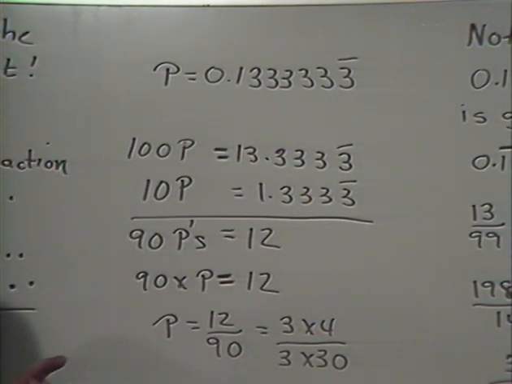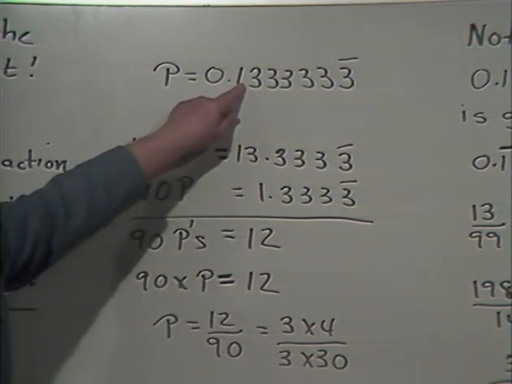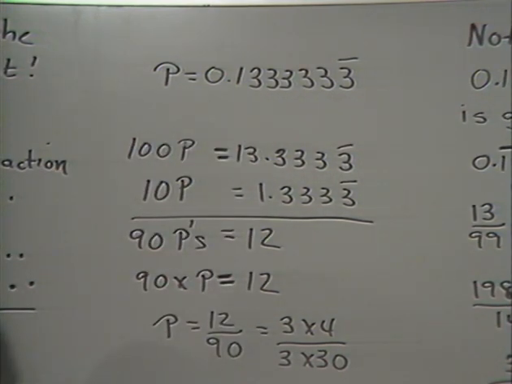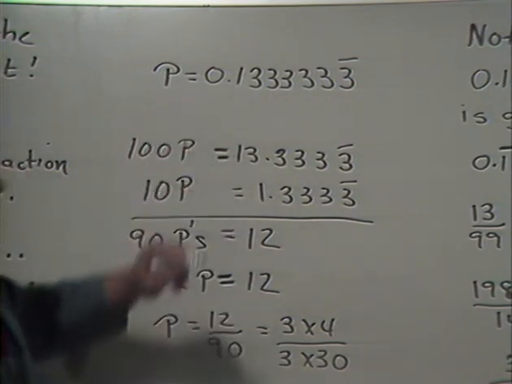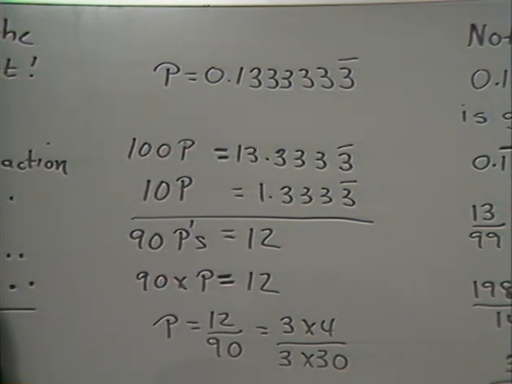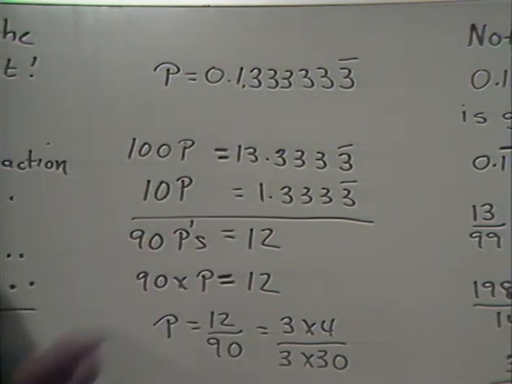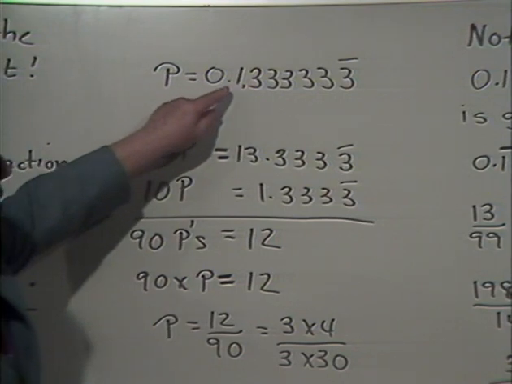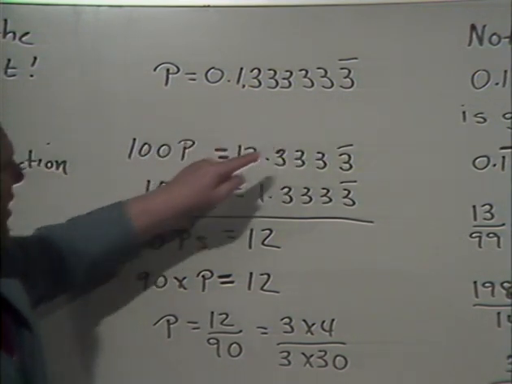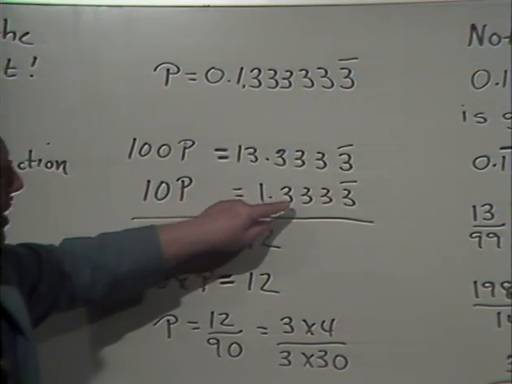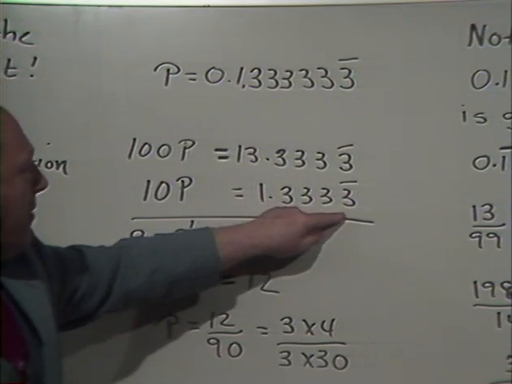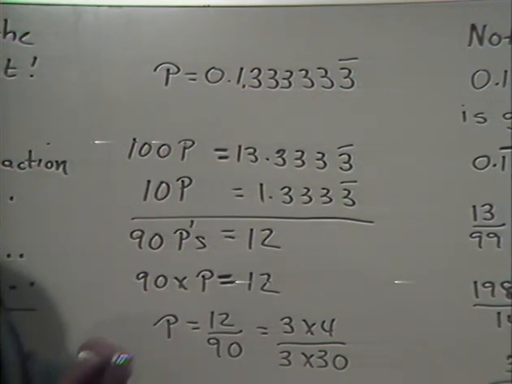Now, this is tricky. You see, I don't want the 1 in here because the repeating cycle is the 3s. Where is the first place I can put the decimal point so that all I see is the repeating cycle? I can put it after the 1. But if I put it after the 1, that's multiplying by 10. So if p is 0.13333, etc., 10 p's are 1.3333, etc. Where's the next place I can put a decimal point to have only the repeating cycle?